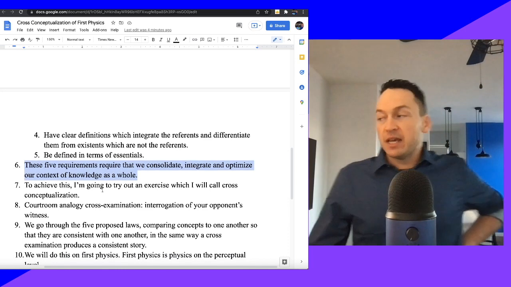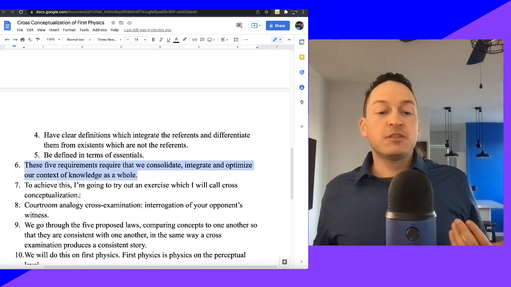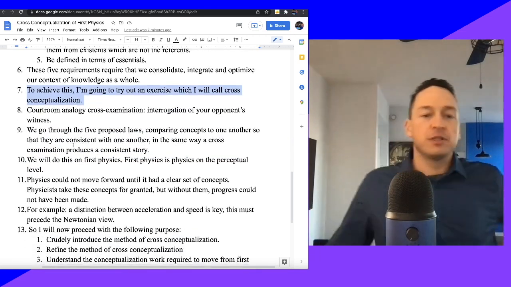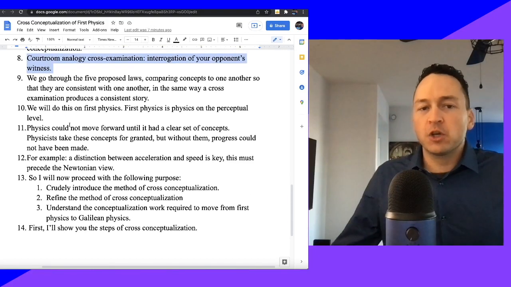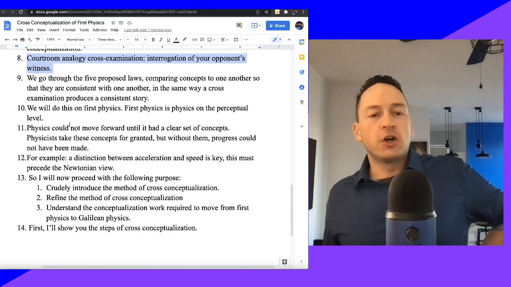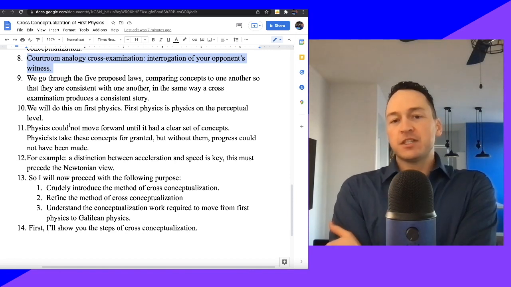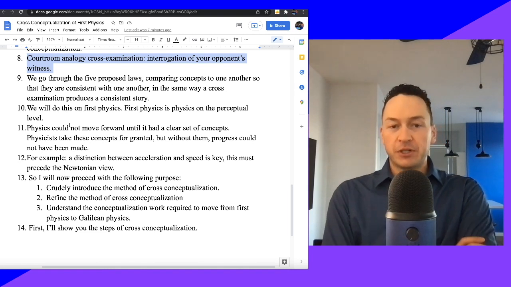To achieve this, I'm going to try out an exercise which I call cross-conceptualization. What do I mean by cross-conceptualization? Well, this term comes from the courtroom term cross-examination. You've probably heard that from dramas and stuff. Here's what cross-examination means in particular.